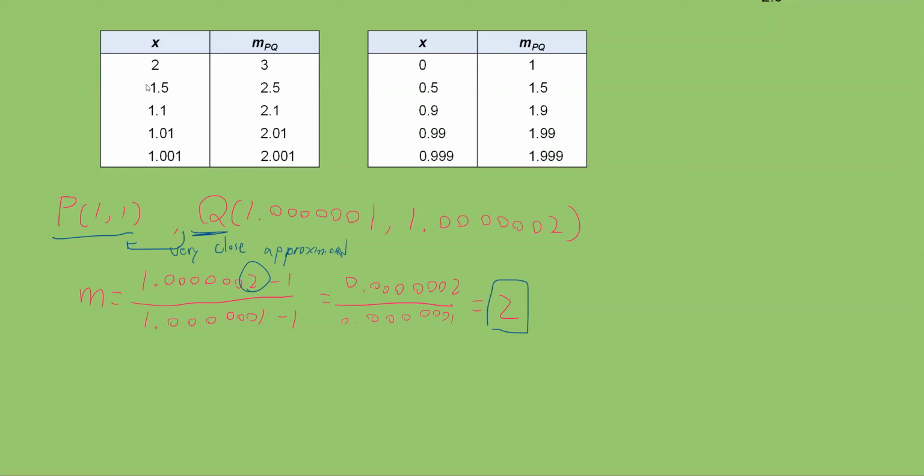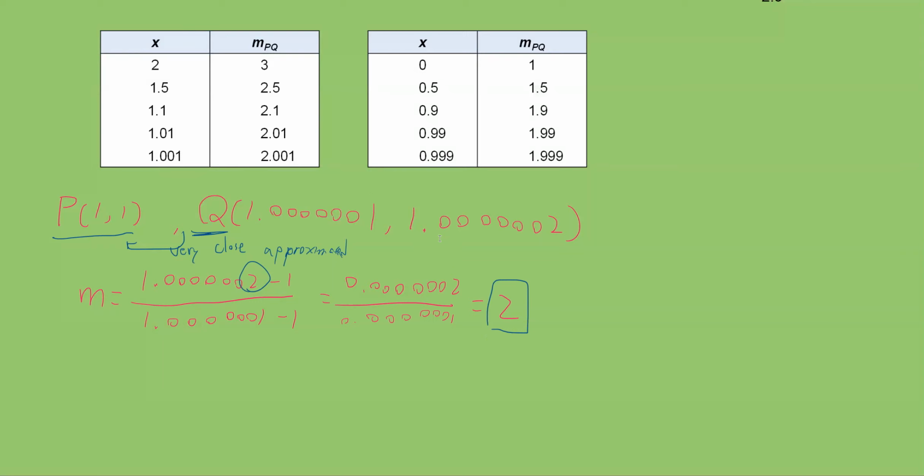By using this P and Q, we already get that the slope is 2. The calculator is telling us 2 because it's just so close to 2, it cannot output a value that's closer than what we had above.